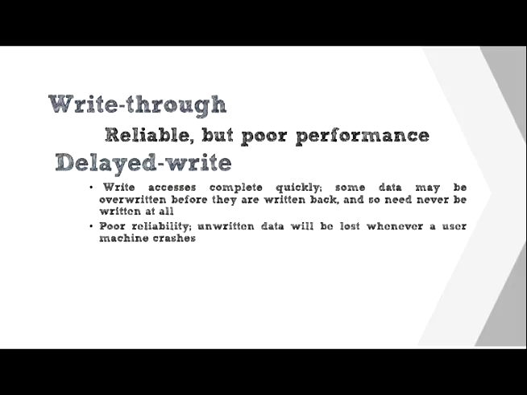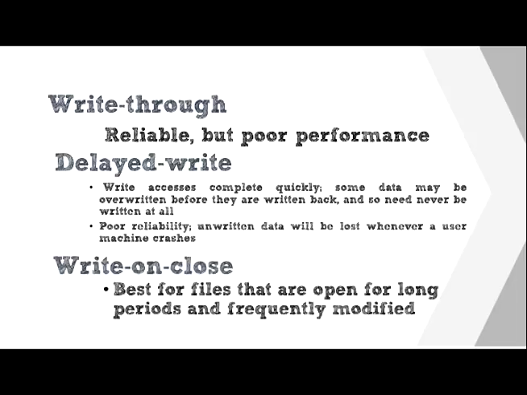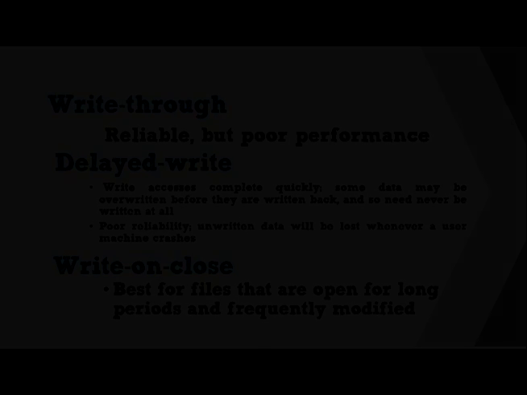It avoids overhead for data that will be overwritten. 20 to 30% of data is overwritten within 30 seconds. And lastly is the write on close. It works best for files open for a short period and is susceptible to loss of data for files open for a long time.